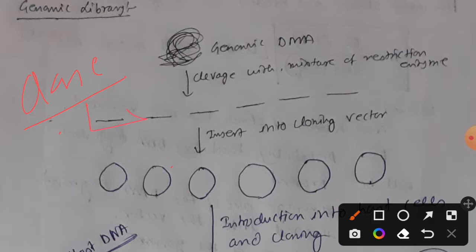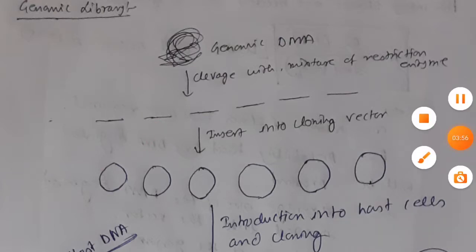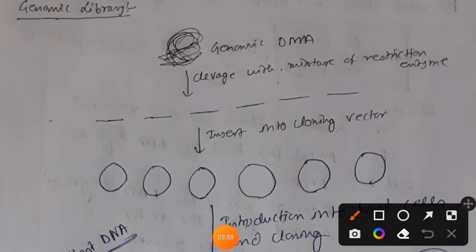That is quite impossible, right? So we need multiple vectors for that. Our first step for constructing a genomic DNA library will be the cleavage of the entire genomic DNA with a mixture of restriction enzymes. That will give us multiple fragments of genomic DNA.